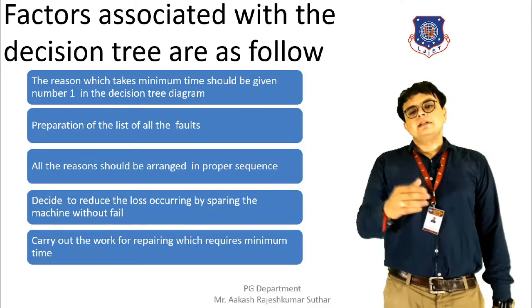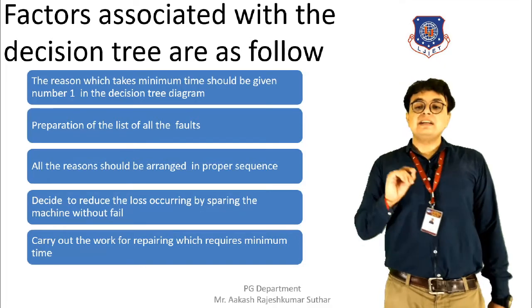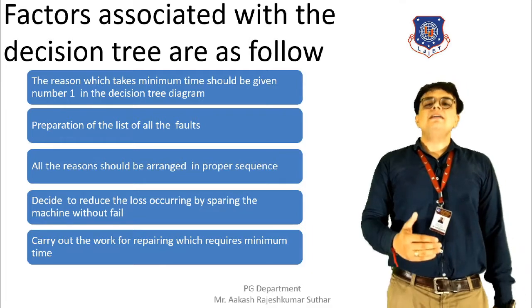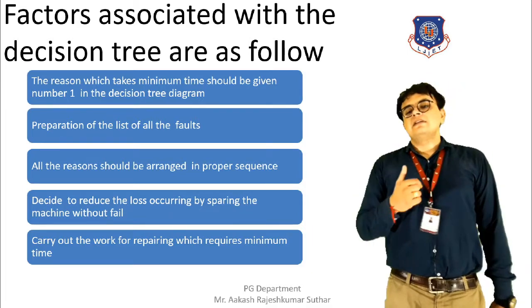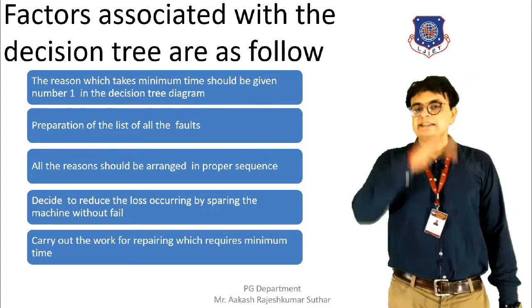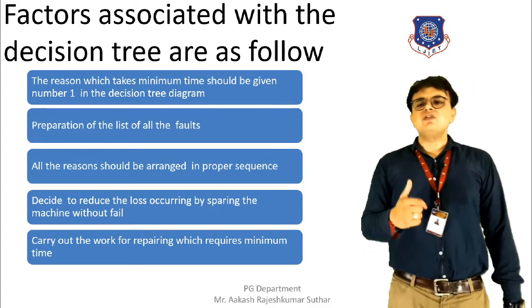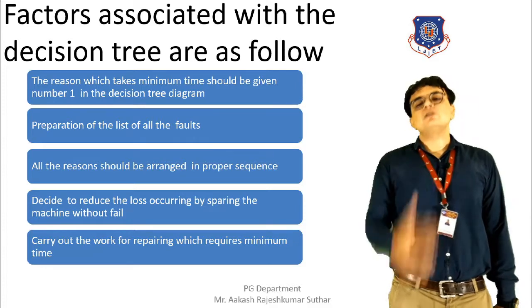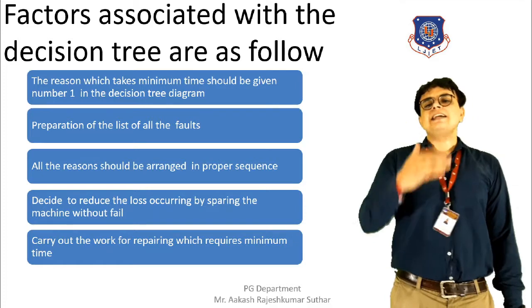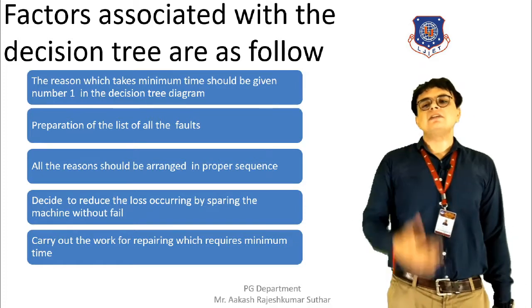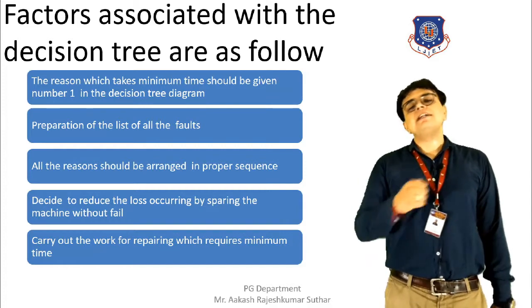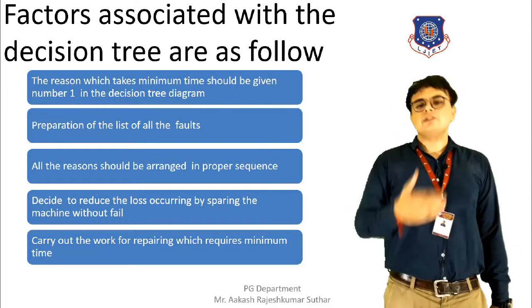Similarly, the fault that requires more time for its rectification should be listed at the last. Intermediate faults should be displayed accordingly. Those which have a lesser time for repairing, or for recurrence, should be listed above, and those faults which take more time should be displayed afterwards.